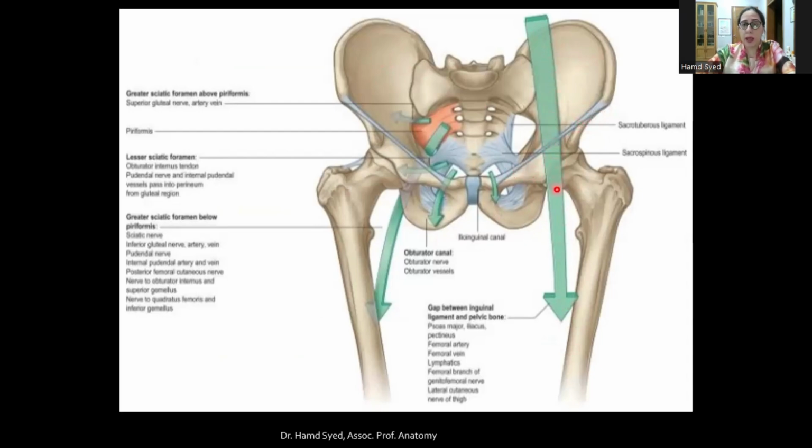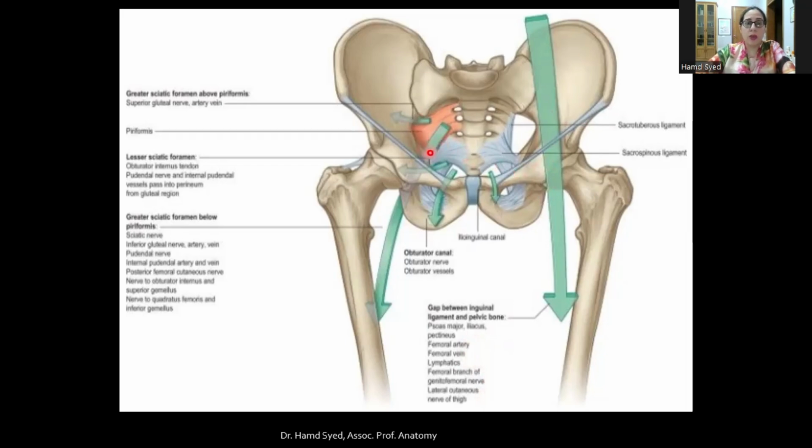Through this gap pass the psoas major and iliacus muscles, pectineus as well, and the femoral vessels, lymphatics, femoral branch of the genitofemoral nerve, and the lateral cutaneous nerve of the thigh. Also, we can look over here and we shall see the greater sciatic foramen.